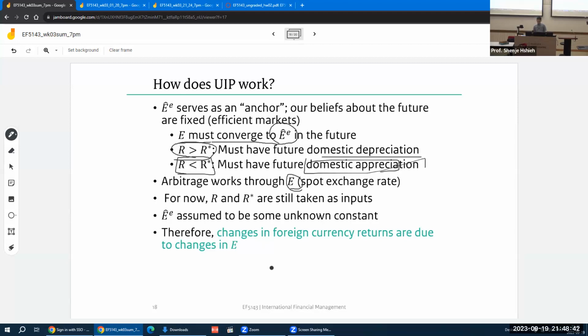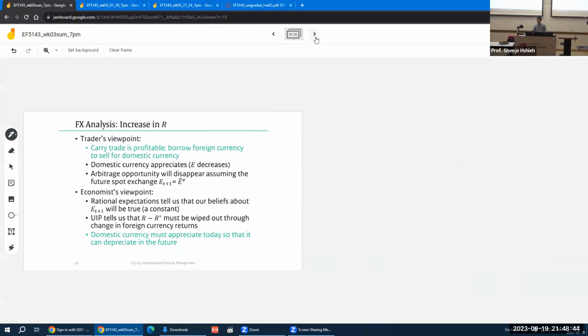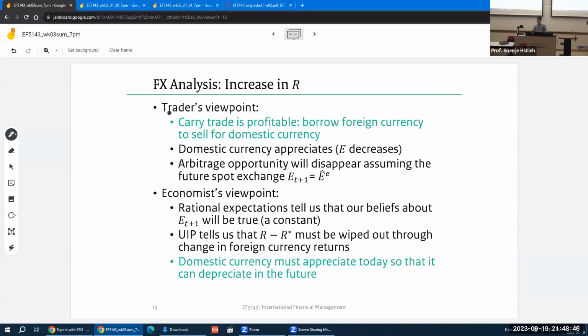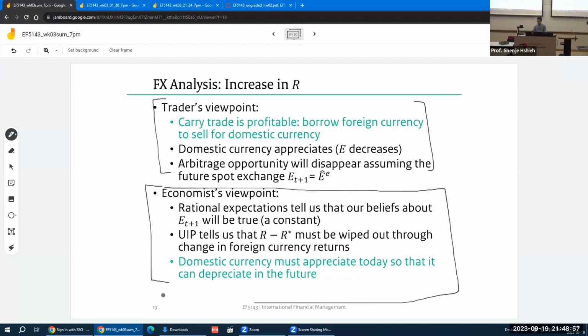Yes, so I outlined this already, right? The trader's view. So I won't bore you with this again. I went through this over and over again, so read it through yourself. The economist's point of view is the equilibrium explanation, right?